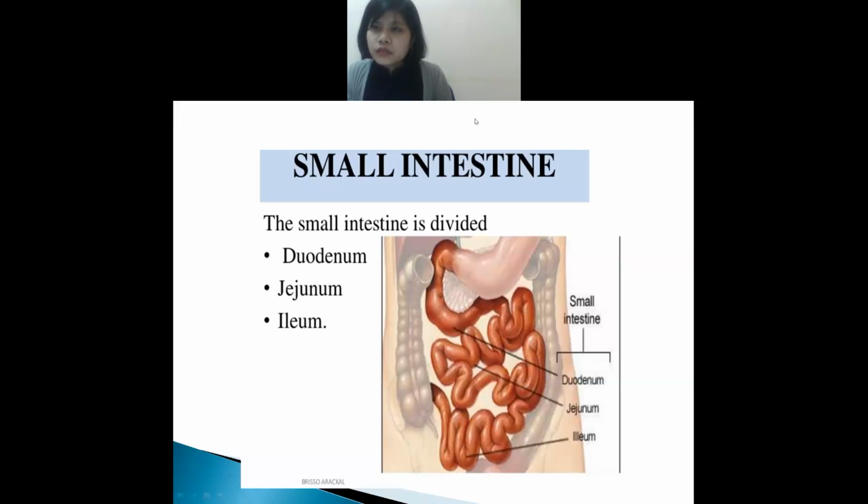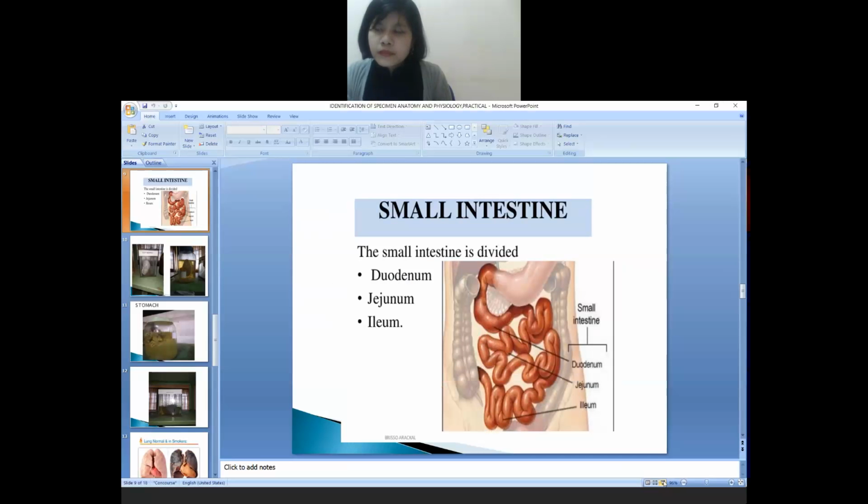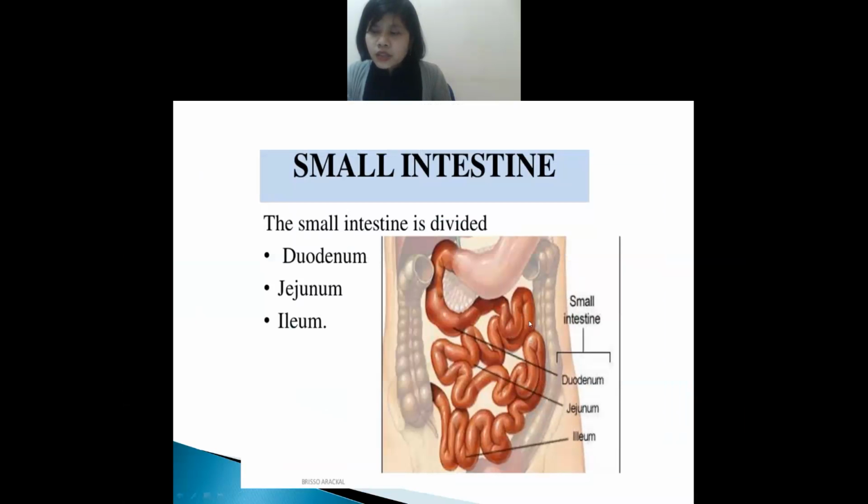Yes. Yatulika? Can you hear me, Yatu? So the small intestine is 22 foot long and it plays an important part in the digestive system.